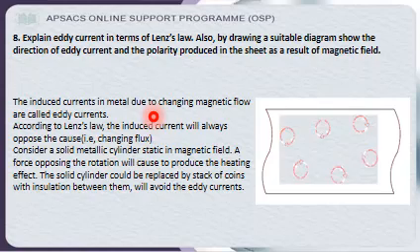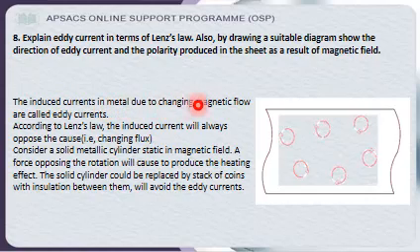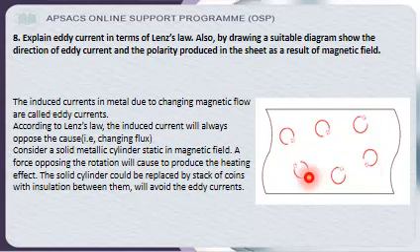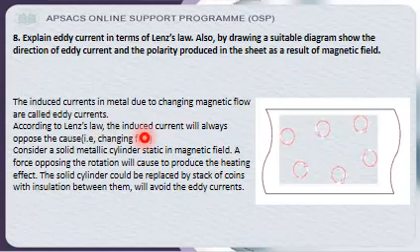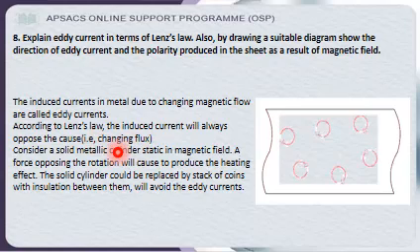Now, how are they produced? According to Lenz's law, the induced current will always oppose the cause, meaning the changing flux. So, if Lenz's law is opposing the cause that produces it, we are considering a metallic cylinder that is static in a magnetic field. A force opposing the rotation will cause the heating effect, because that force makes the electrons of that conductor move in a circular shape.